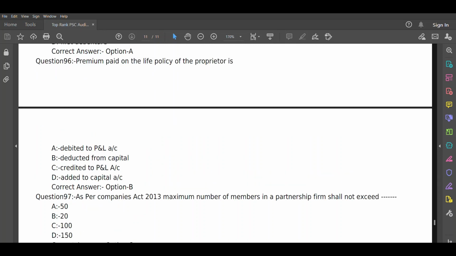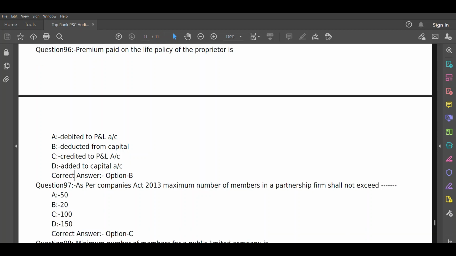Premium paid on the life policy of the proprietor is deducted from capital.